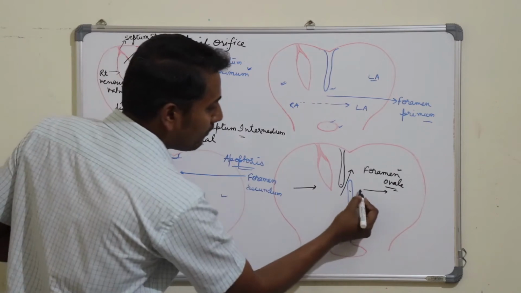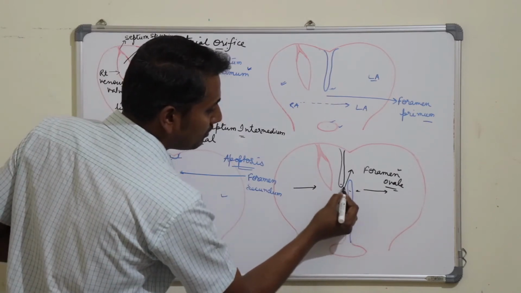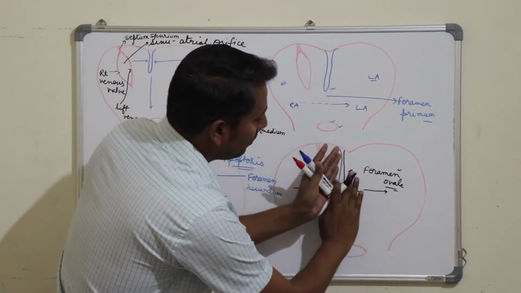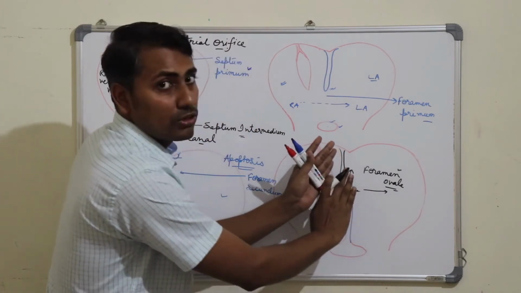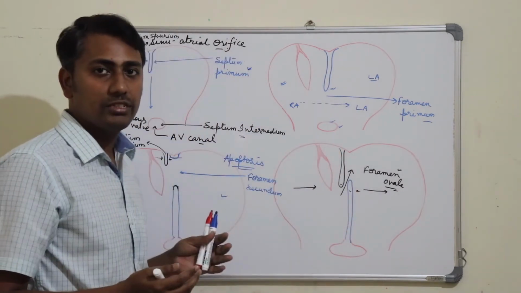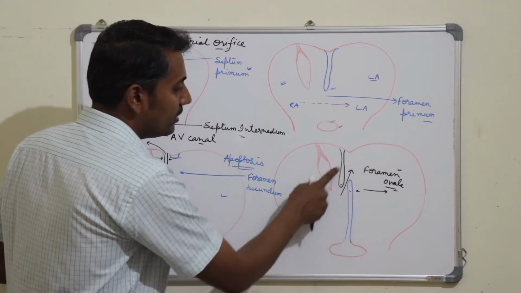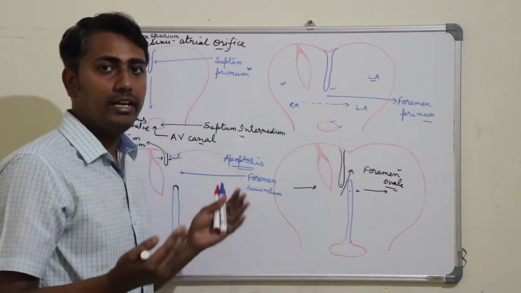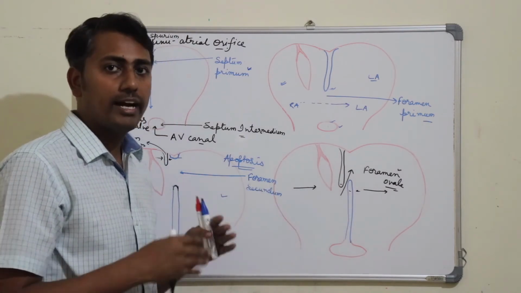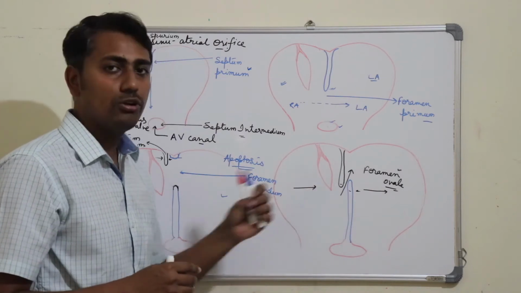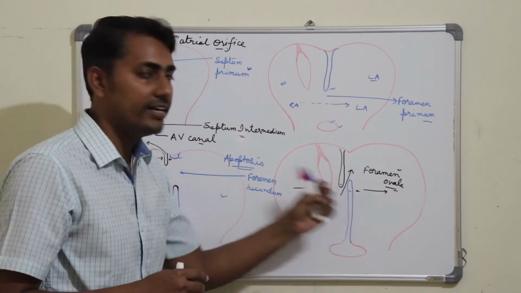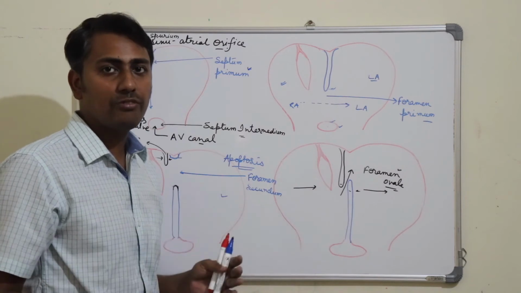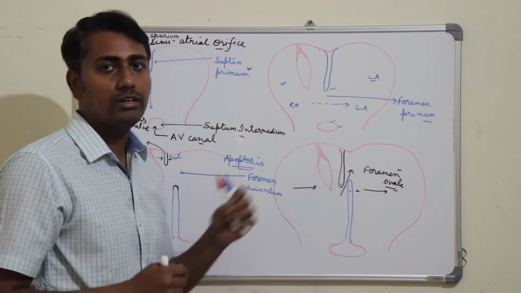Therefore, it will push the septum primum towards the septum secundum, and this foramen ovale will get functionally closed. At 3 months of age, this foramen ovale will also get anatomically closed. So, at birth, it gets functionally closed due to the increased pressure in the left atrium, and at 3 months of age, it gets anatomically closed.